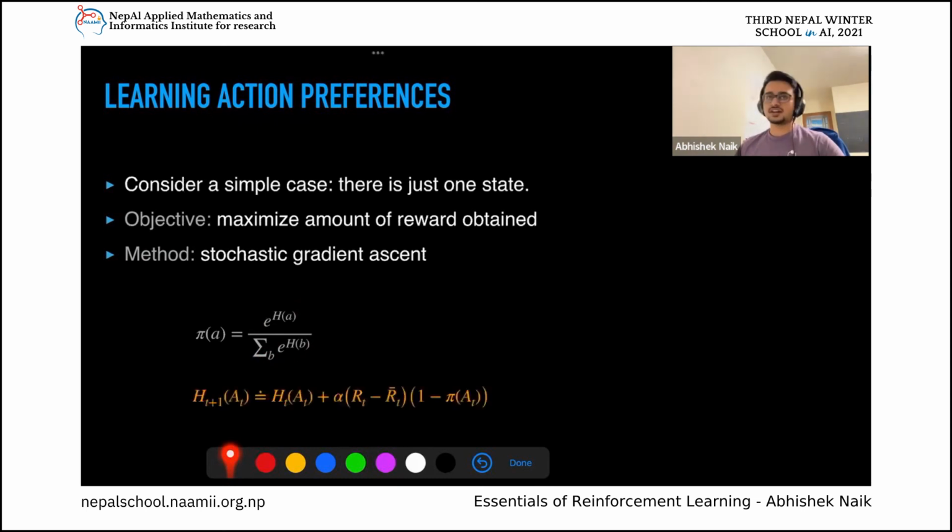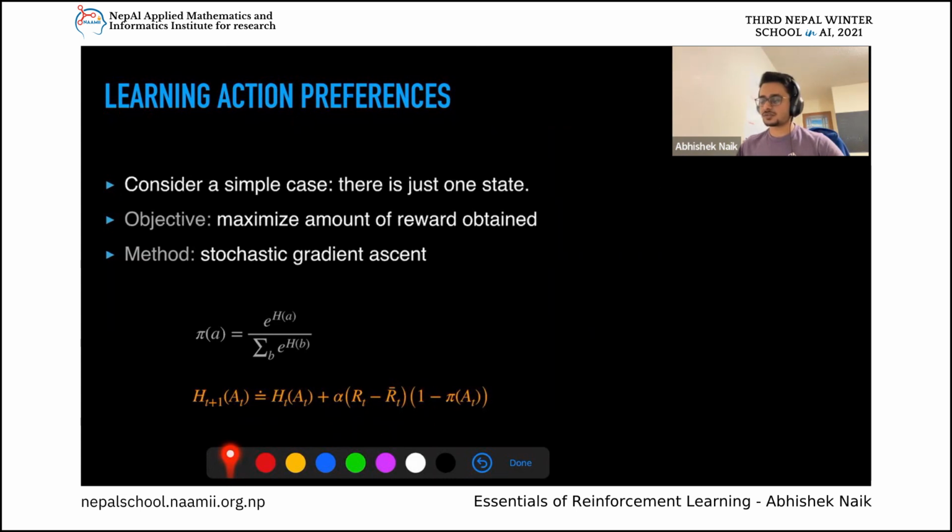I'll tell you that the update rule ends up like this: for the action that you took at time step t, here's how you'll update its preference. Compare the reward that you saw with the average reward that you've seen so far. Look at this quantity, 1 minus the probability of picking that action. This is always non-negative, greater than or equal to 0.